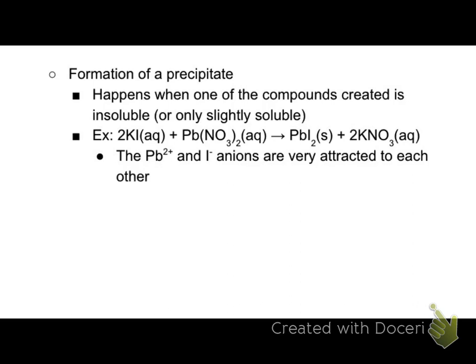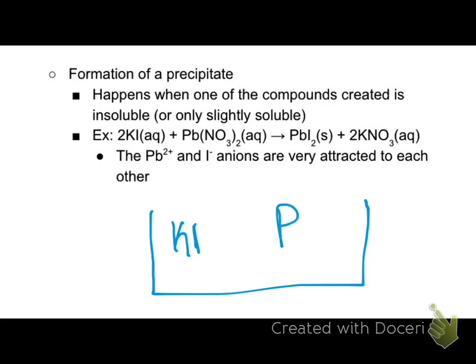The Pb2+ and the negative iodine anions are very attracted to each other, which is the reason that this occurs. So when you have ions in solution, I want you to remember that if you have this big solution of ions, it's not as though the K and I ions are together over here and the lead and nitrate ions are together over here and they're floating around together.